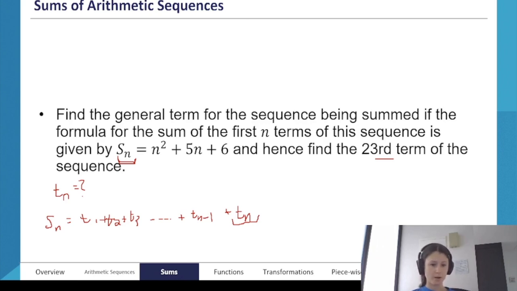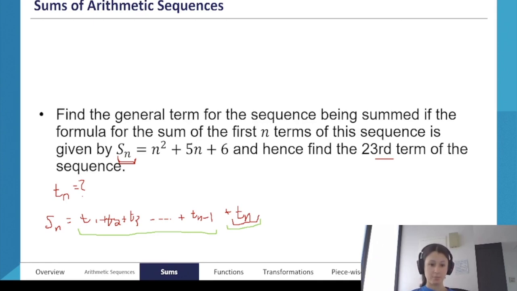But this isn't quite enough yet, because we still have all of this in here that we don't want. We only want this Tn part, right? So now we need to think about a way that we can isolate this Tn part.